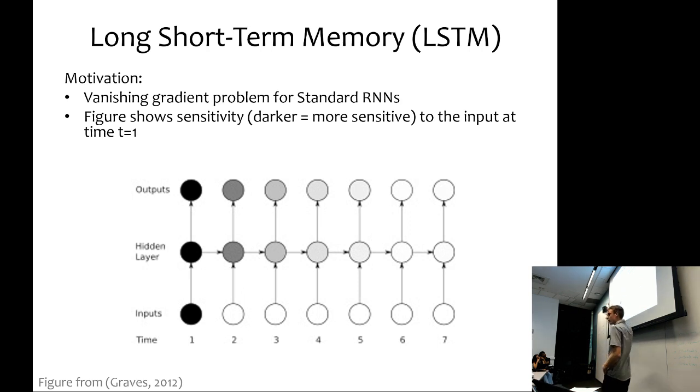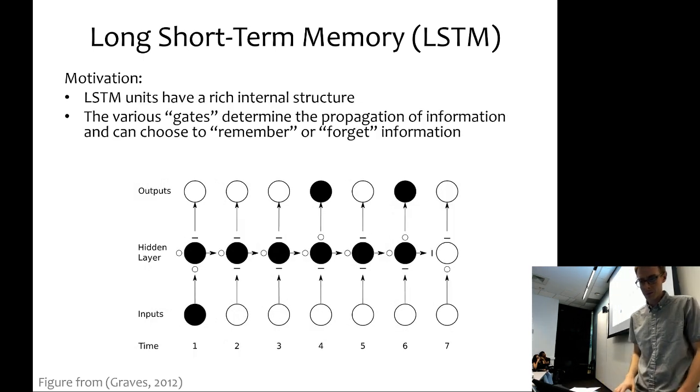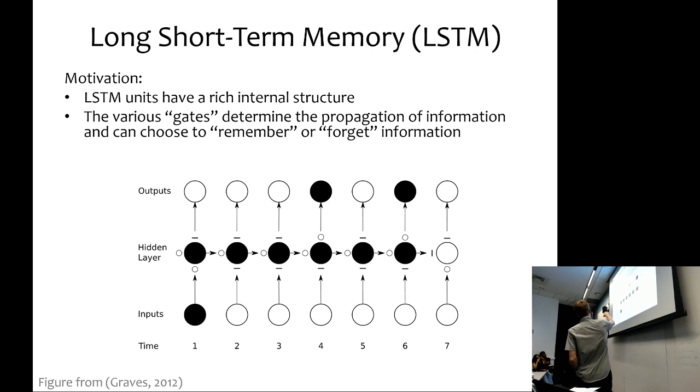The impact of that unit is just getting squashed more and more every time it goes through that sigmoid. Okay, so how can we fix this? Well, the LSTM is going to say, sometimes it's going to pass through the nonlinearity, but sometimes it's going to go through this gate that lets it just sail right on through.